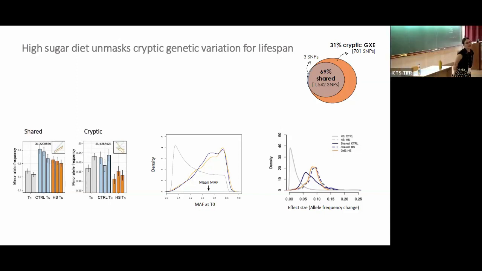You take every SNP and ask what the allele frequency change of this SNP is. For most of the SNPs in the genome it is 0, because they are not associated with the phenotype. That's the gray line. Then you take the significant ones and ask, for this SNP that I mapped as significant, what is the allele frequency change? It's, for example, 0.10. And how many of those are 0.10?